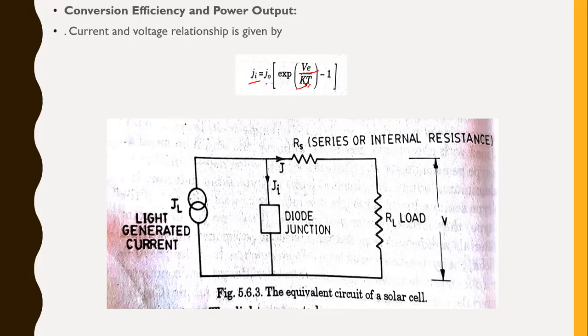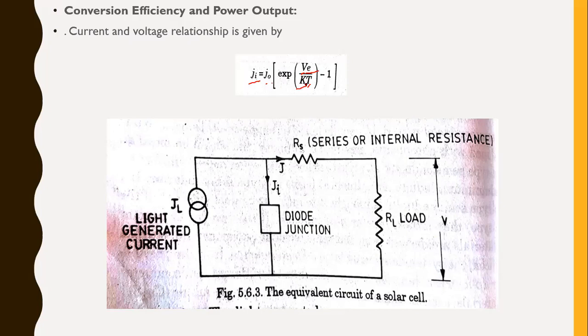So if you put some light on the junction, that means light impinges on the junction, electron hole pairs are created at constant rates. Until you put the light on the junction, electron hole pairs will keep being created.